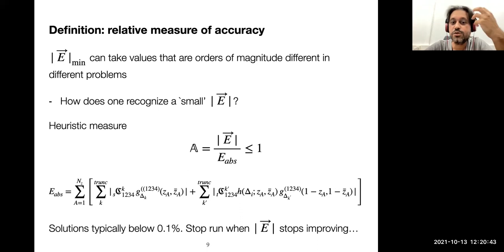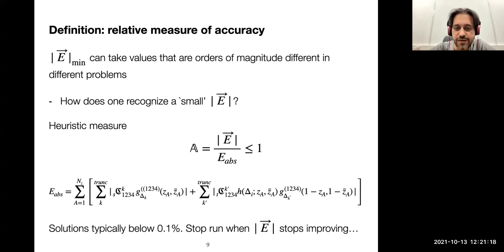So in order to get a heuristic measure, if you want a percent measure of the violation, we define this quantity here, A, which is called the relative measure of accuracy. It's not used actively in the running per se. The algorithm always tries to minimize E, but we also record this value to have a sense of, as a percent error of the violation, how far is the violation compared to, say, the sum of the individual terms that appear in the crossing equations.